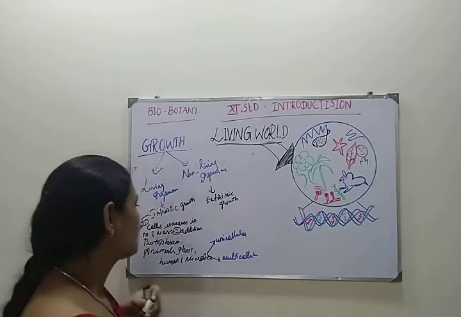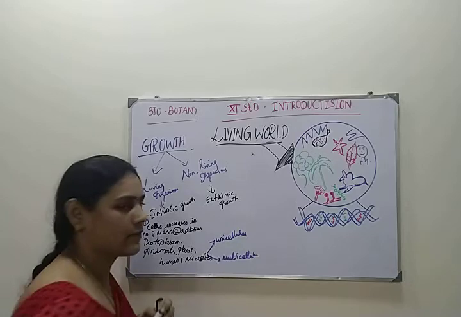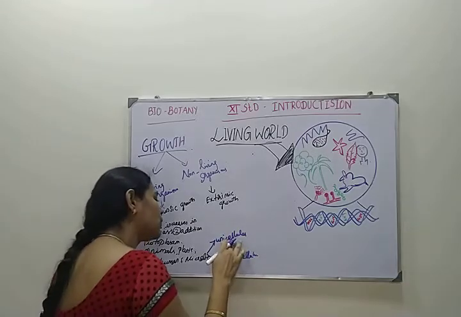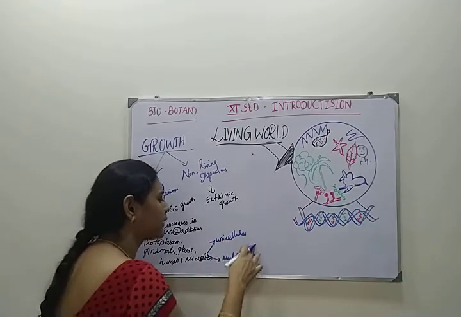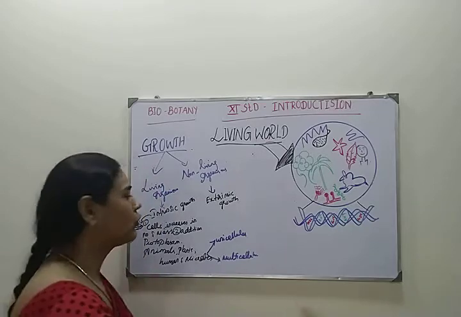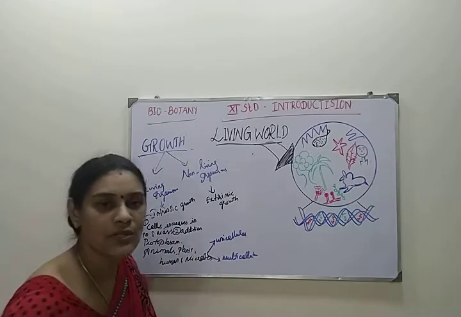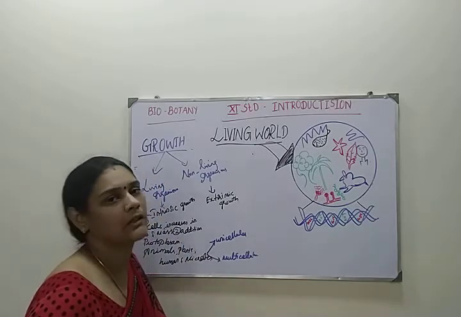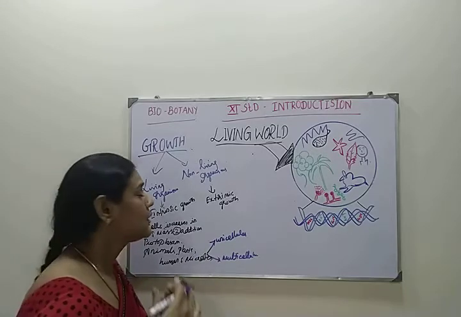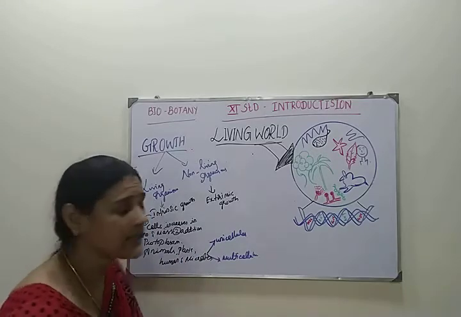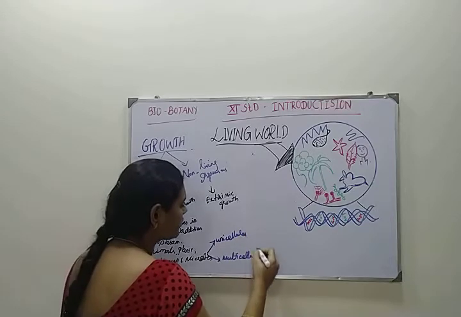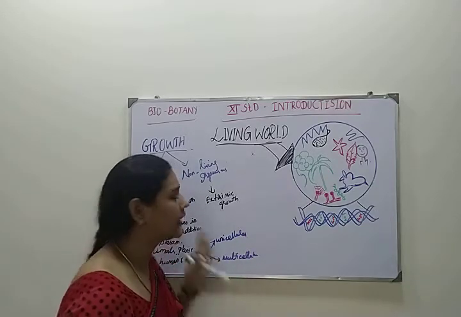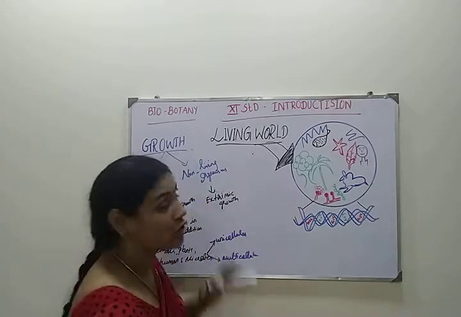Both unicellular and multicellular microbes undergo growth. Both unicellular and multicellular organisms, being living things, should undergo growth. So these two will have growth in the living things part of growth.